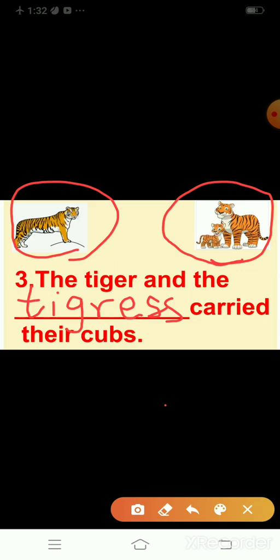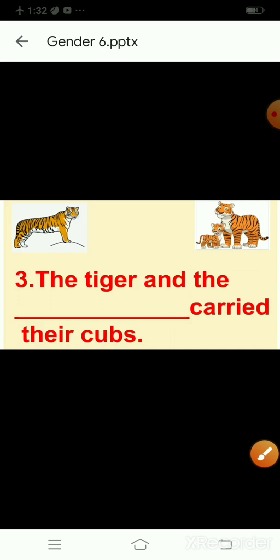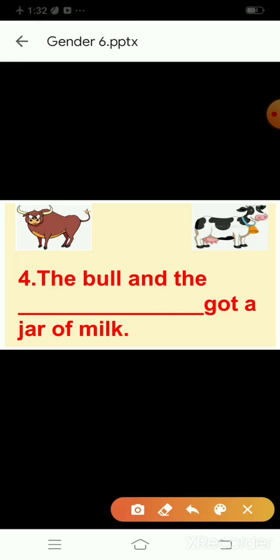Next sentence. The bull and the dash got a jar of milk. Now, bull is a masculine gender. So, see this picture and tell me what will be the feminine gender for bull?